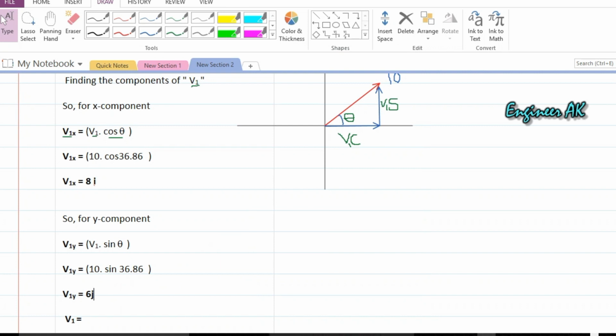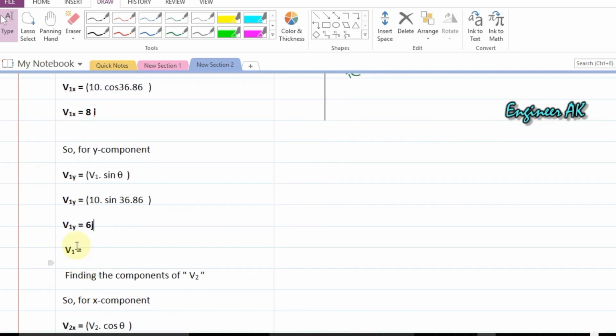I have written j because it is the unit vector in the y direction. So v1 is equal to 8i plus 6j. So that's v1, we have found v1.